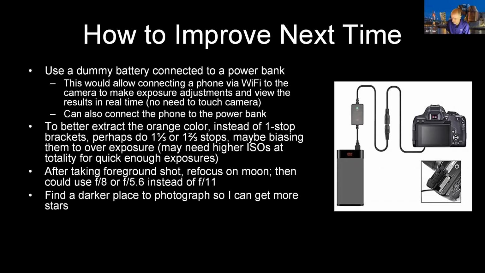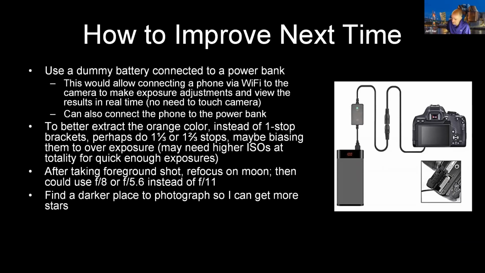And I was thinking that would probably be a good way to do it because I wouldn't then have to touch the camera at all. However, if you turn the Wi-Fi on, it's going to really run down the battery. And so I'd end up changing batteries during the night, and changing the batteries, I'd probably bump the camera worse than just changing the exposure. So I didn't want to do that.